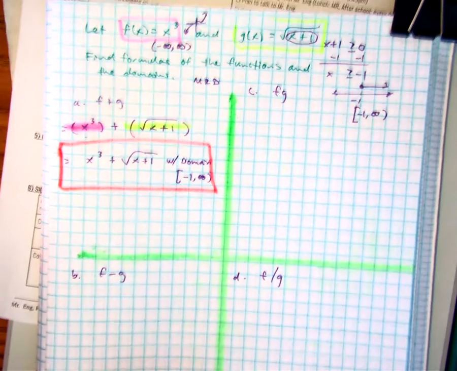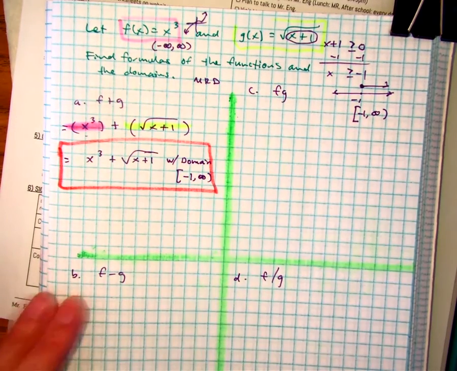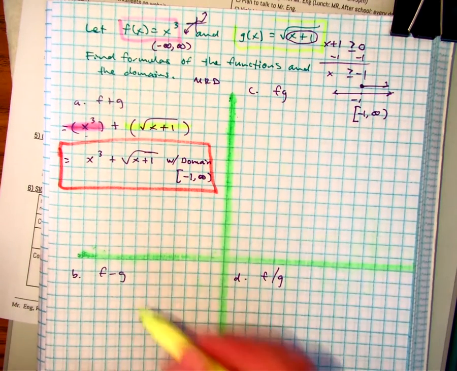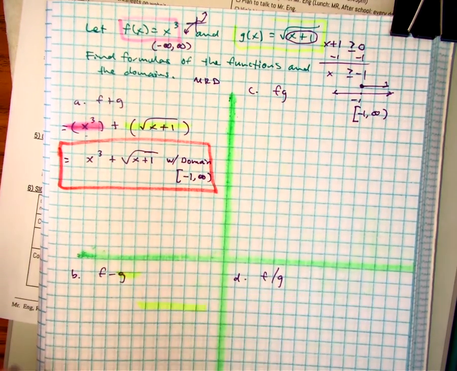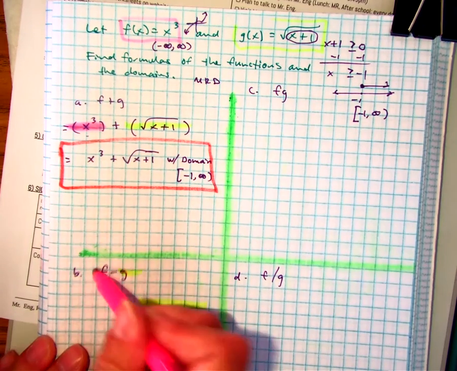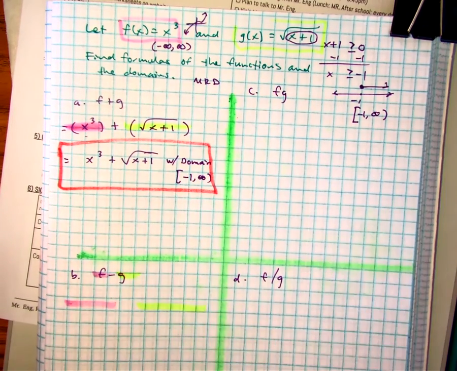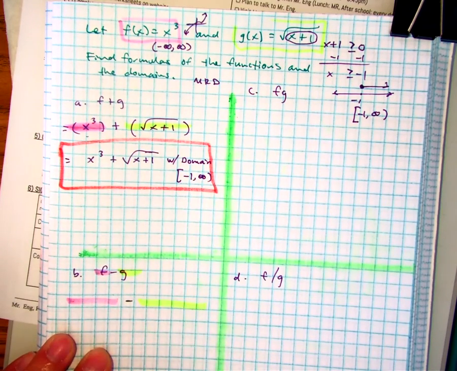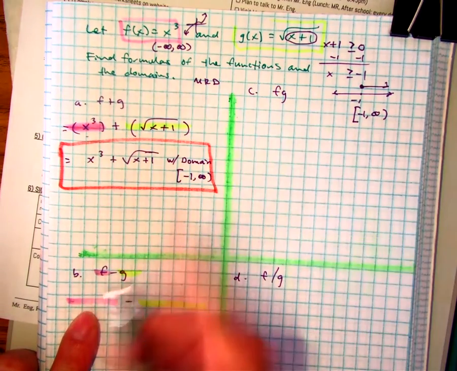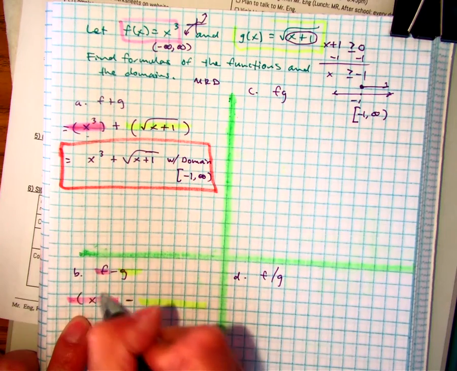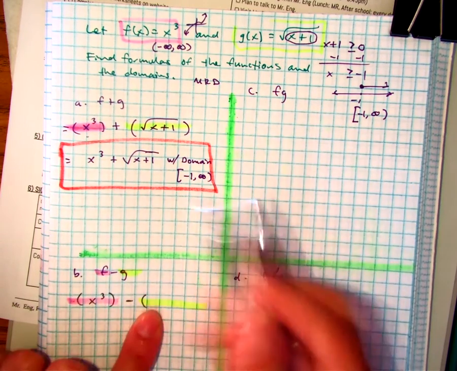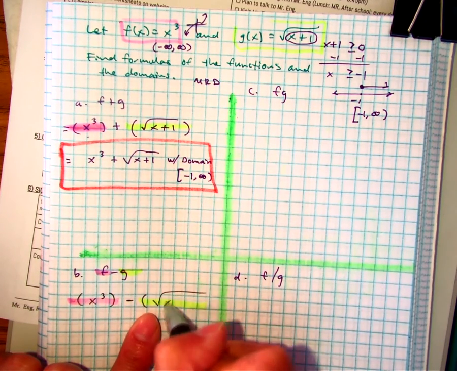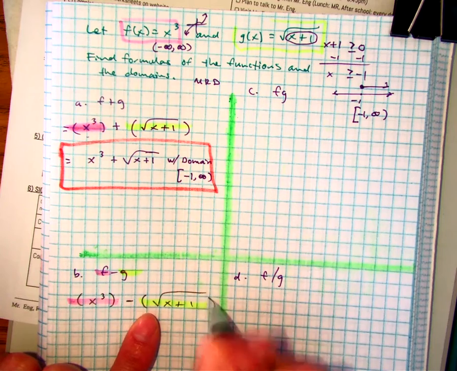Now we just need to do what? In part B, we just need to subtract them. I see the classic mistake. This minus sign. Remember, when you do your substitutions, you're going to put them in parentheses. So this will be x cubed, parentheses, square root of x plus 1.